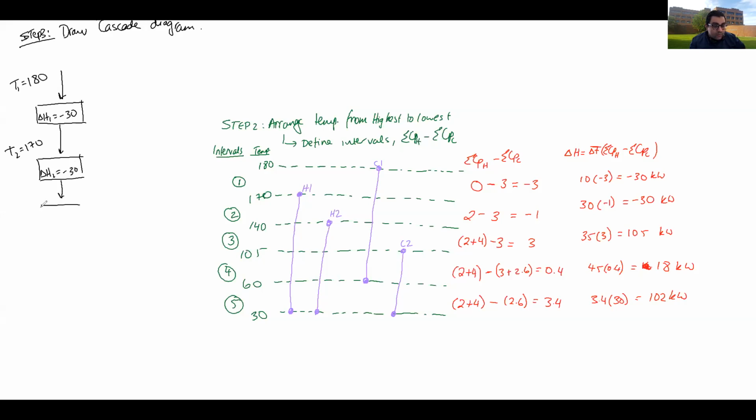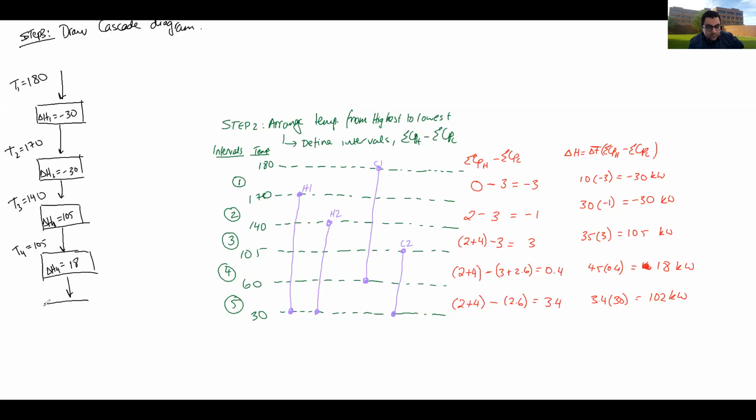I have a third box right here, T3, so 170 to 140. My third delta H is equal to 105, right? And then I have another box here, and this is T4, 105, and delta H4 is equal to 18.